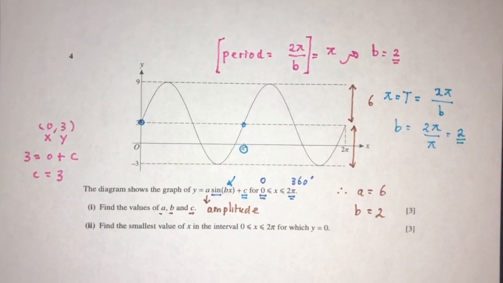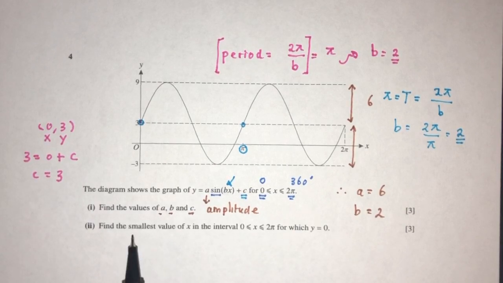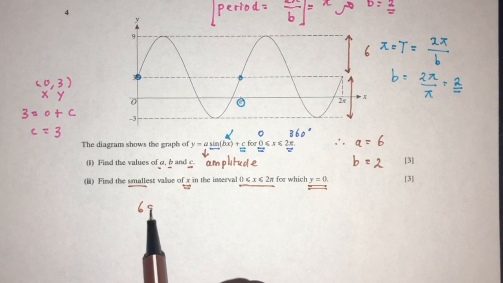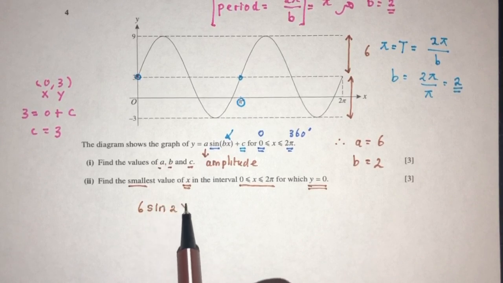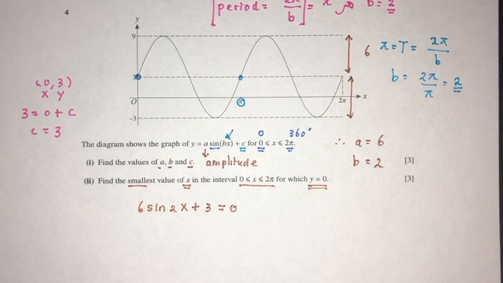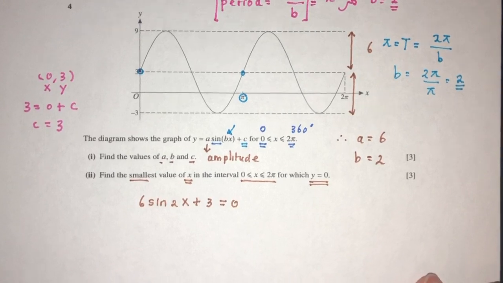Now let's move on to part 2 of the question. Find the smallest value of x in this interval for which y equal to 0. Okay, so right now we have 6 sine 2x plus c equal to 0. So let's see what is the value we can have for this.